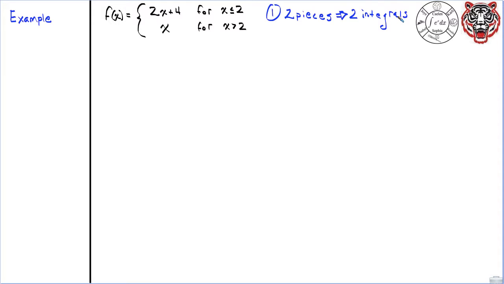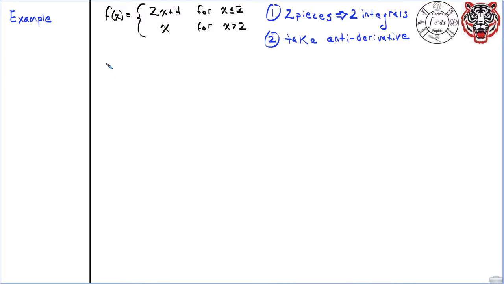All right. So we're going to take the antiderivative. So step 2, take the antiderivative. And we need to do that by taking our two pieces.